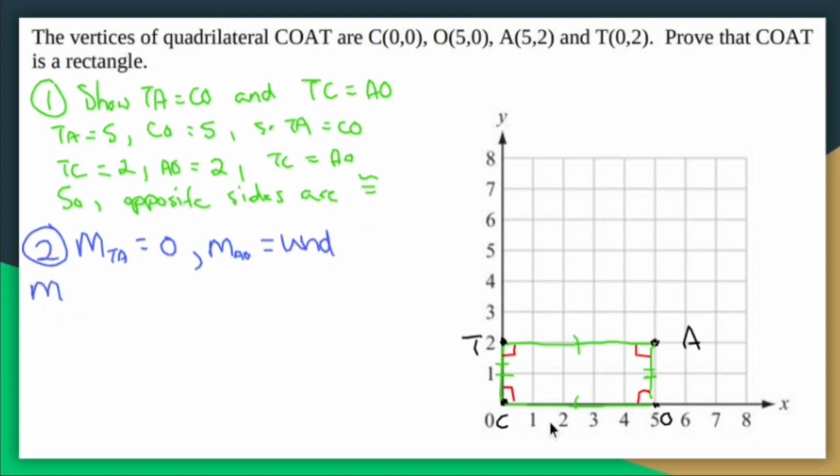The slope of CO is 0. And the slope of TC is undefined. What that means is TA is perpendicular to AO.